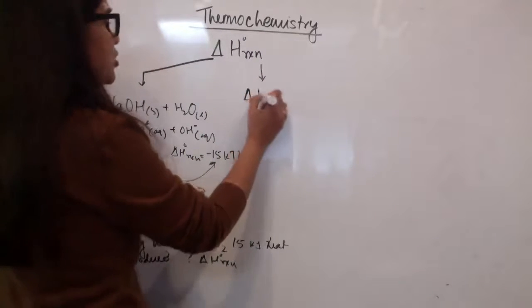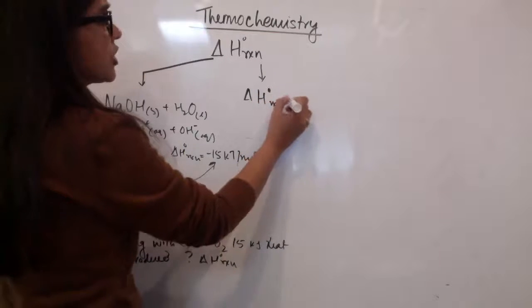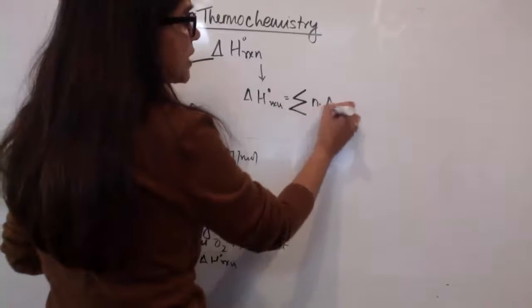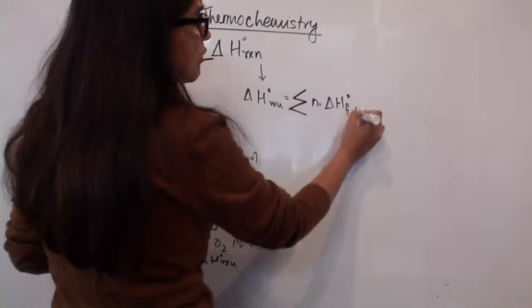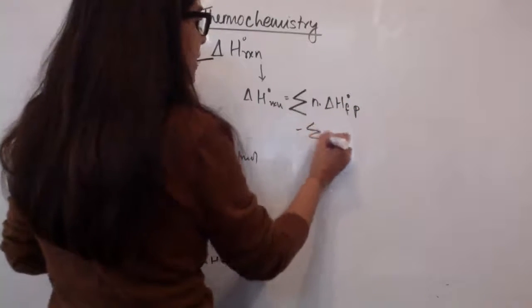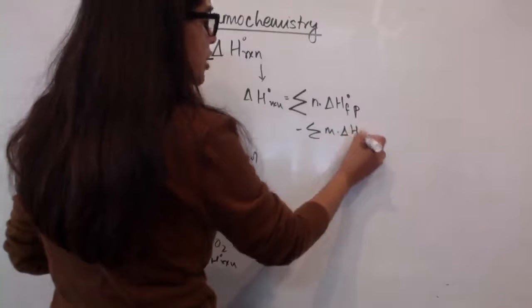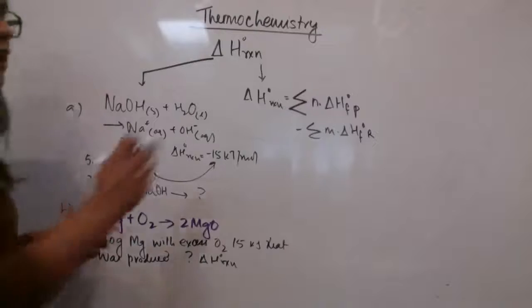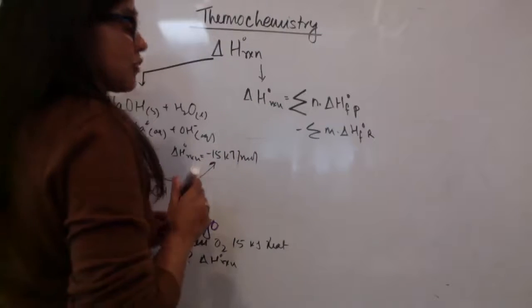Another way we learned to calculate delta H reaction was using this Big Mama equation: summation mole times heat of formation of products minus summation mole times heat of formation of reactants. So heat of reaction is different from heat of formation.